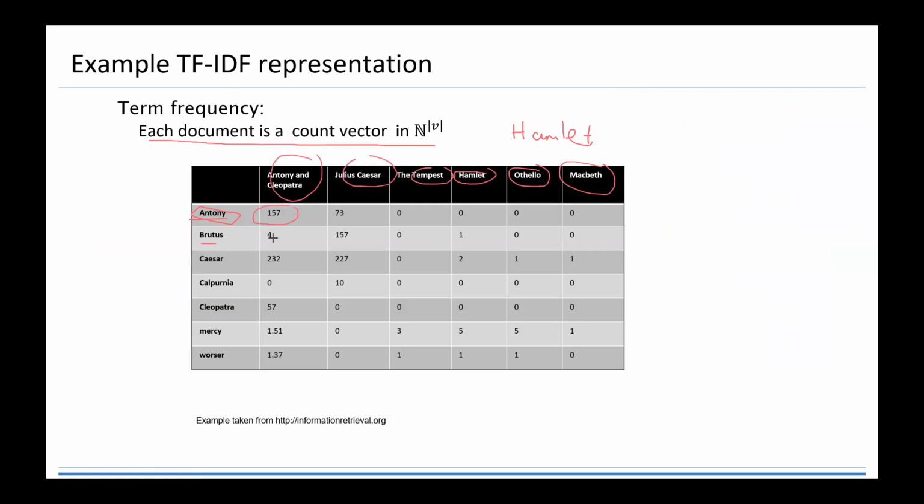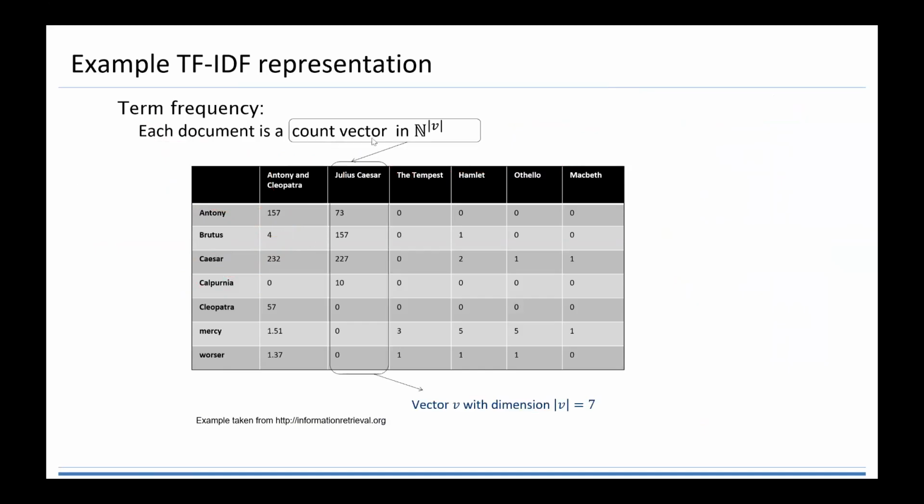How many times does Brutus appear? How many times does Caesar appear? How many times does Calpurnia appear, and so on. We can put these values into the document vectors. Once we have count vectors like this, we have 7 dimensions, 1, 2, 3, 4, 5, 6, 7, and we can do more things with this.